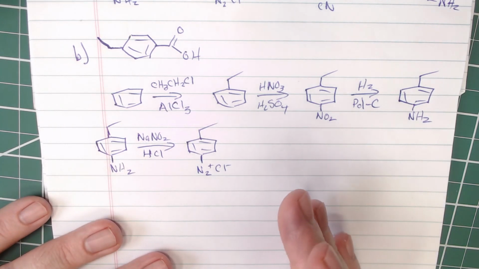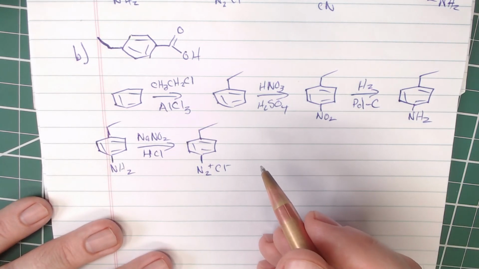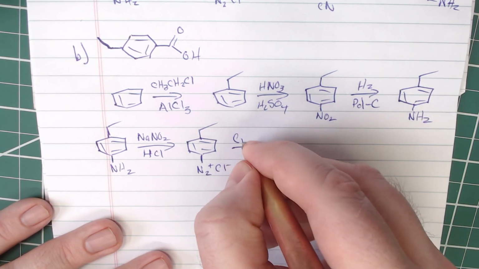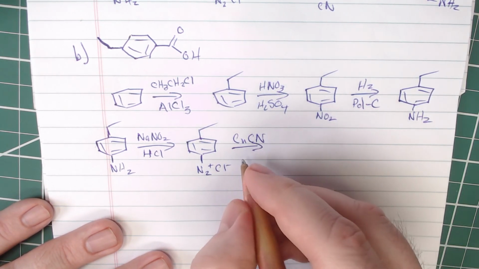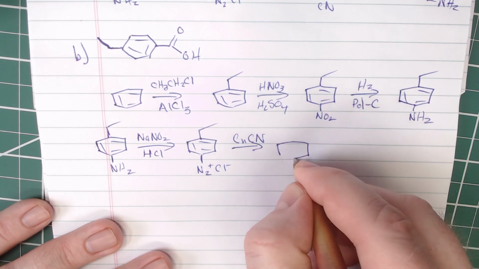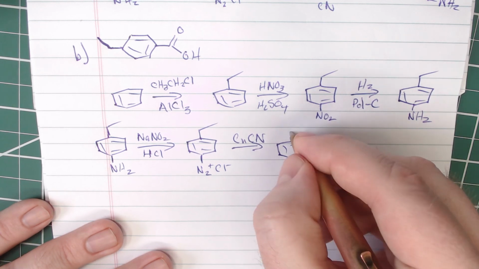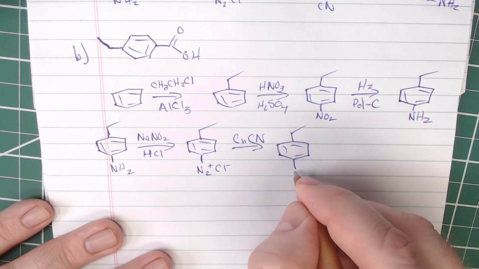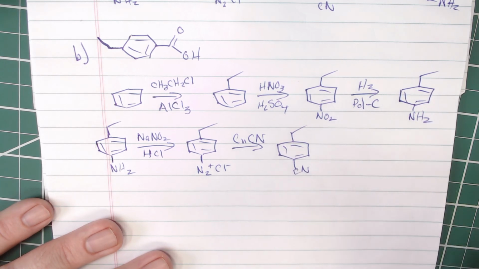And with that diazonium salt, we're going to do exactly the same thing we did on the previous one, which is where we treat it with the copper cyanide. When we treat it with the copper cyanide, we'll convert this into para-ethyl benzonitrile.